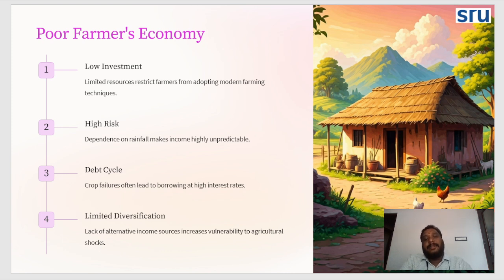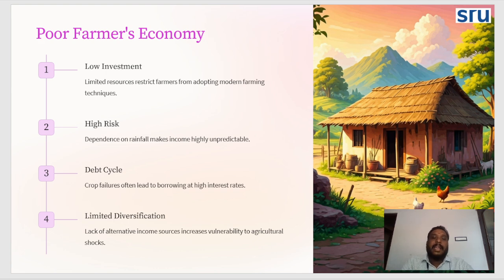But if the farmer has different enterprises, say he has a field, some dairy and also some poultry, then if he gets a loss or less yield from the crop, he can compensate from dairy or poultry. Otherwise it increases the vulnerability to agricultural shocks and leads to less income.